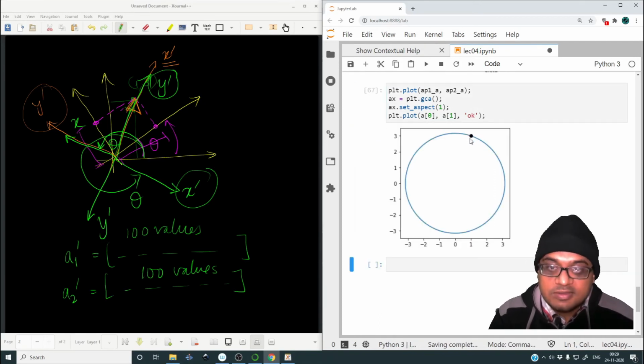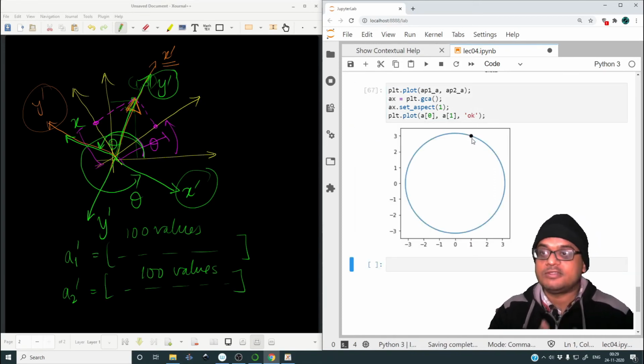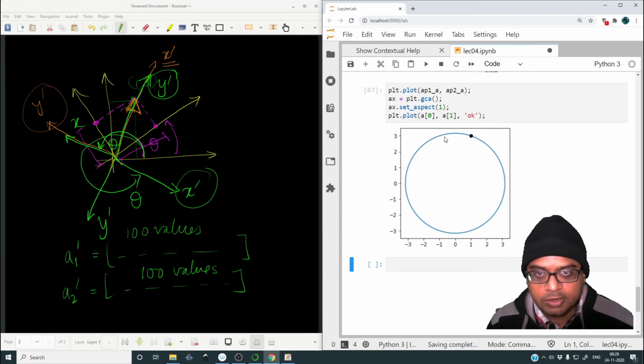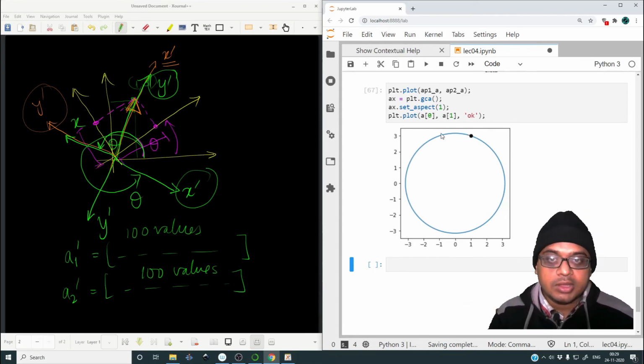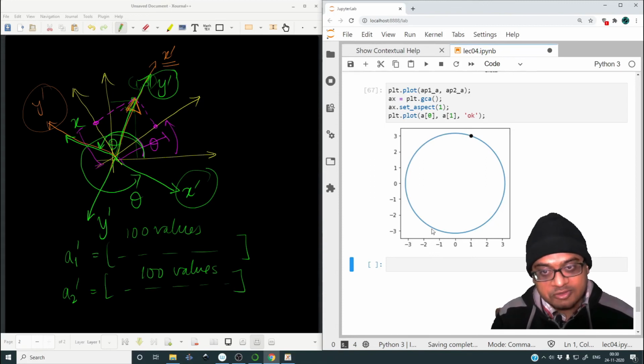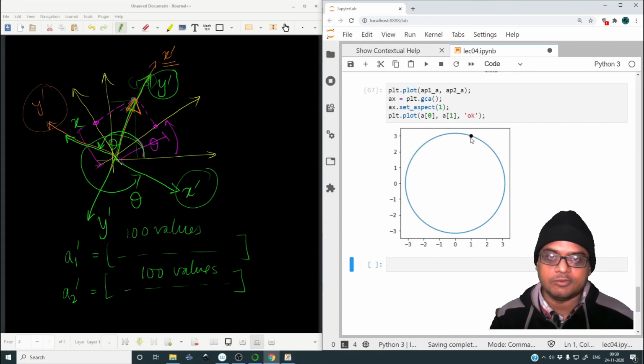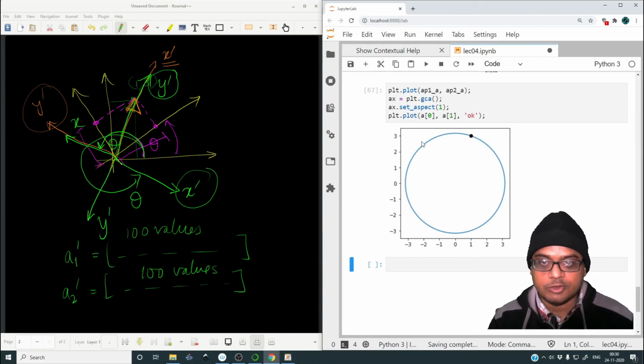So this is the point where we have started the original vector, and as you rotate it, you will change the components a1 prime and a2 prime in accordance to this particular circle. Once you rotate by a certain angle, you will reach this particular point, and these projections will be the components of a1 prime and a2 prime. Okay, this is what it means.